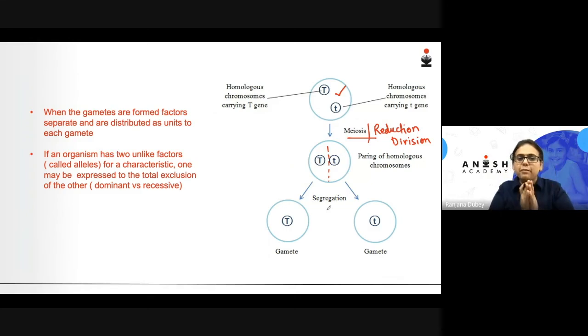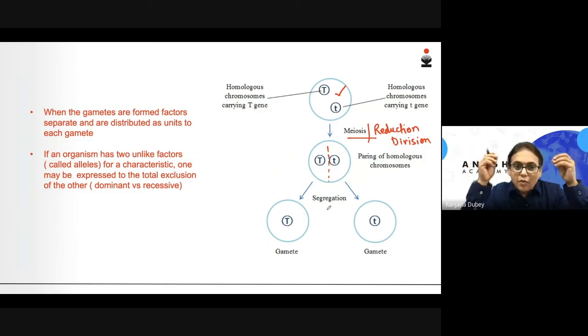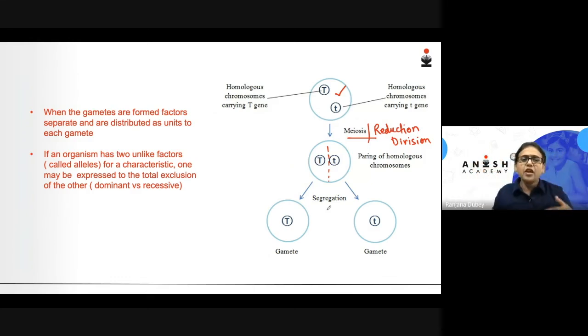So it was told by Mendel at those times, during the year 1856 onwards, he said that when the gametes are formed during the reduction divisions, these factors are separated and they are distributed as single units independently and even randomly into each gamete. Those factors get distributed to all the gametes whichever are formed randomly and independently.